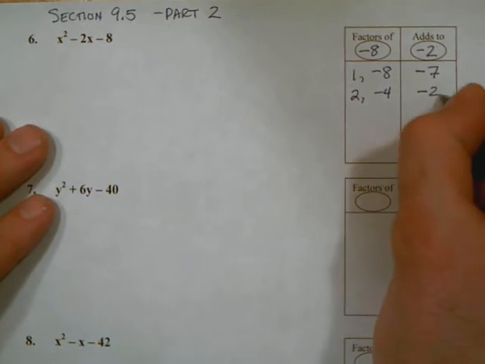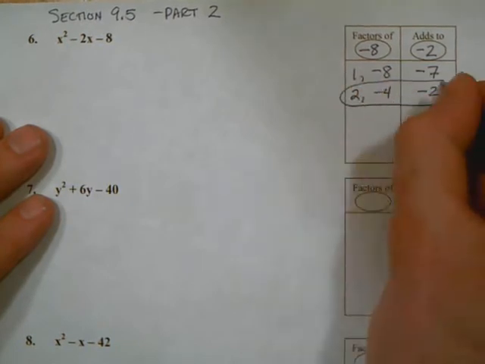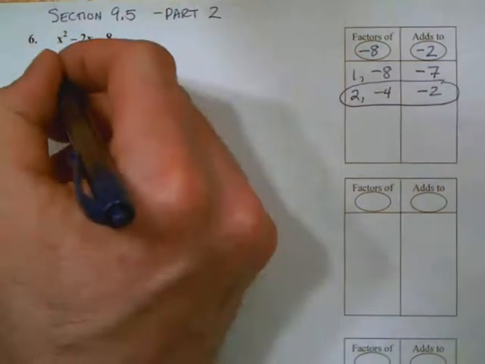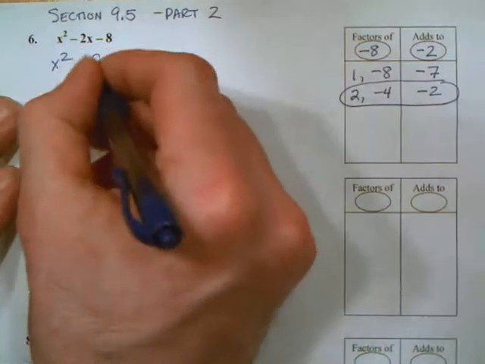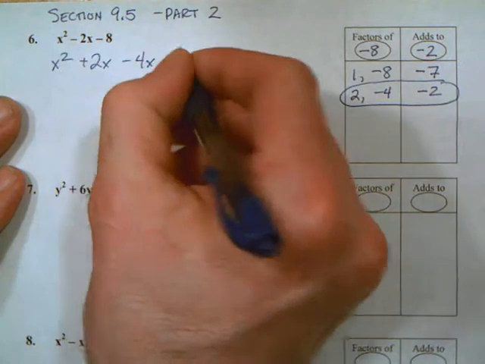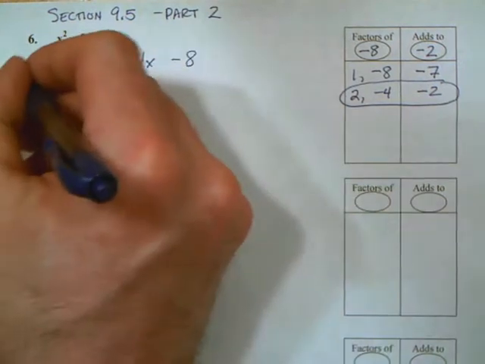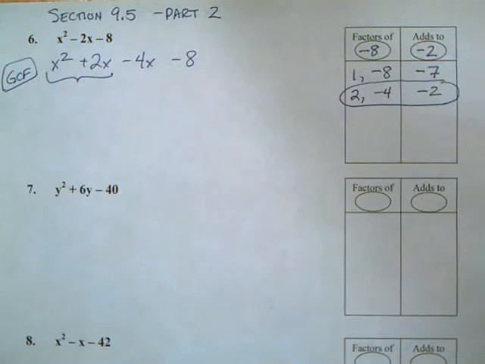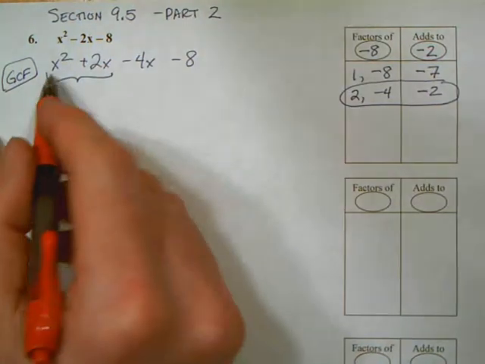Now, we're going to split up that minus 2x in the middle with those two numbers, positive 2x and negative 4x. I wonder if Kent knows what GCF stands for. If he doesn't, we'd have to help him and say that's the GCF. So Kent, what's the GCF between x squared and 2x? X. All right.